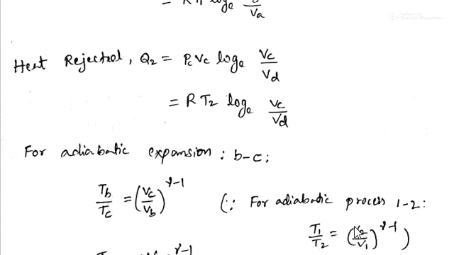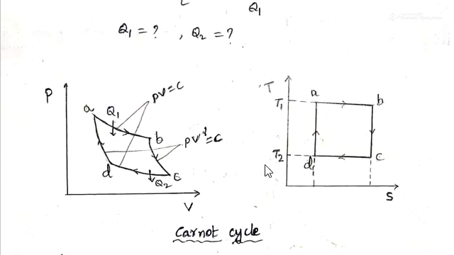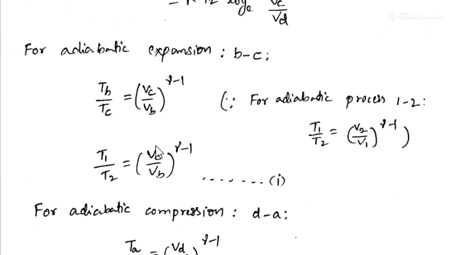So you have to write (V_C by V_B) whole to the power of gamma minus 1. So T_B by T_C is (V_C by V_B) whole to the power of gamma minus 1. Let us take it as equation number 1. At B we have temperature T1 and at C we have temperature T2, so in the place of T_B by T_C we can write T1 by T2.